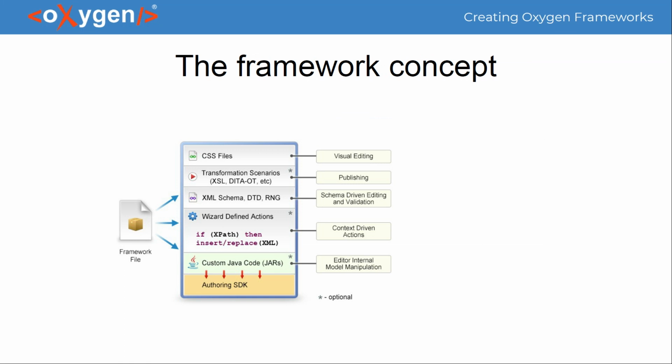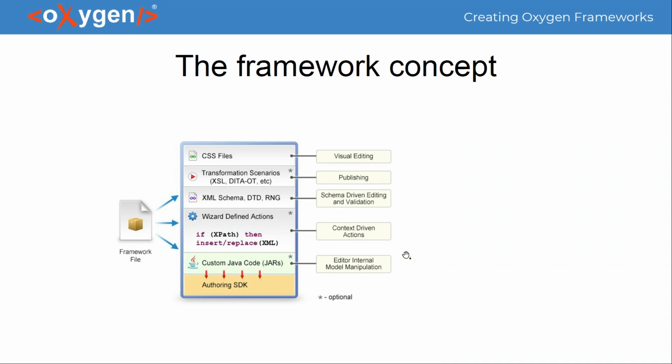First of all, the framework concept. A framework in Oxygen represents a configuration, like some actions. The actions are actually just a configuration. The publishing is also a configuration, together with some resources like CSS files used for visually rendering the documents, or schemas for validating the documents, maybe some custom extensions.